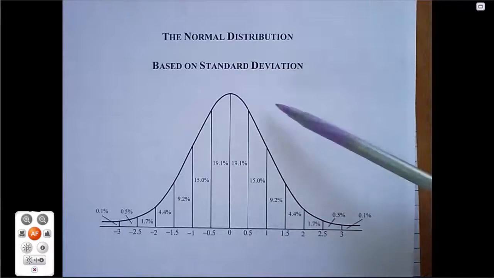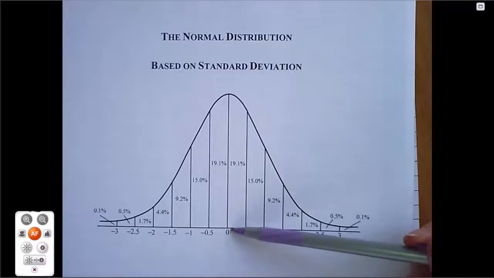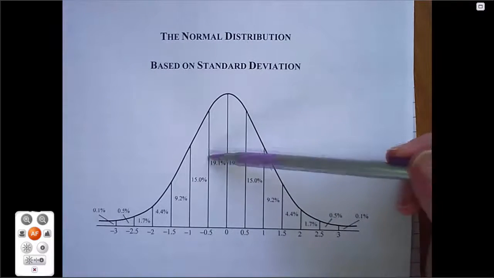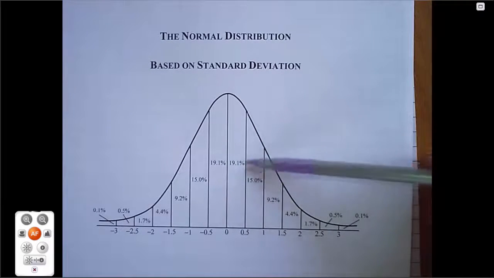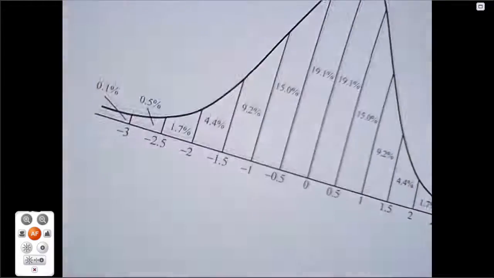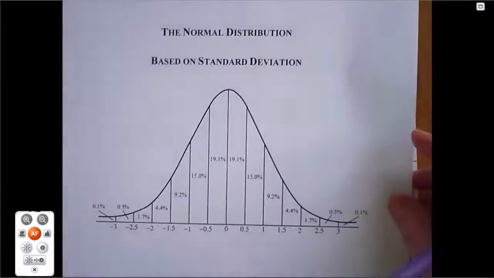Notice that this normal model is divided into half standard deviations, and so from the mean to 1/2 of a standard deviation out, they have this as about 38.2%. We called it about 34%.